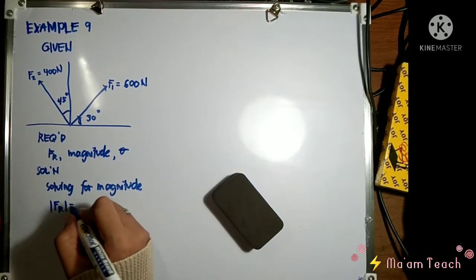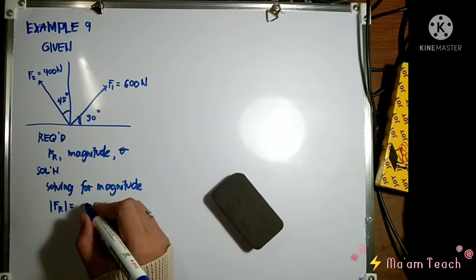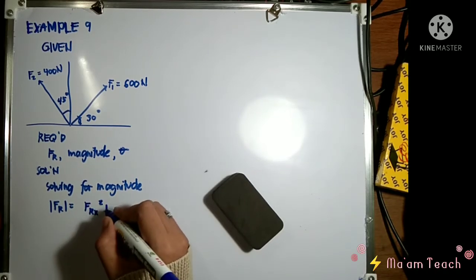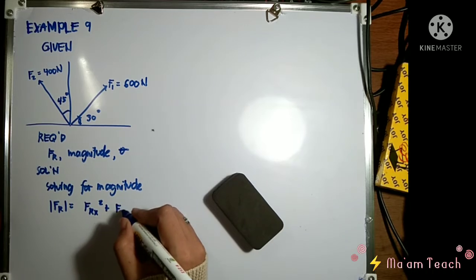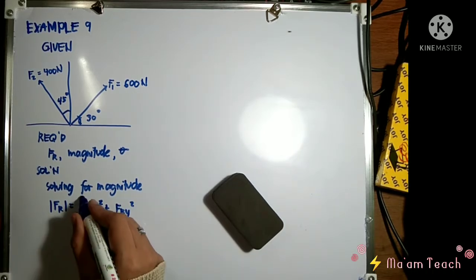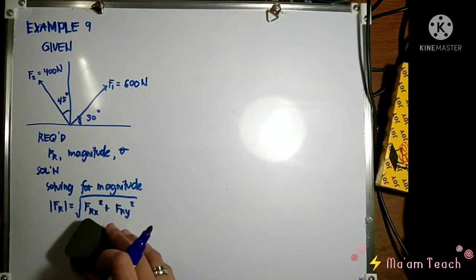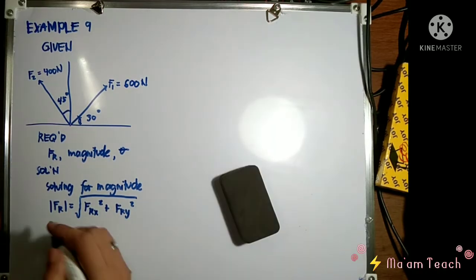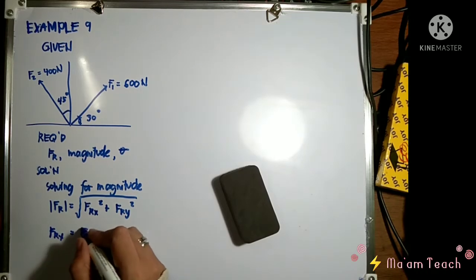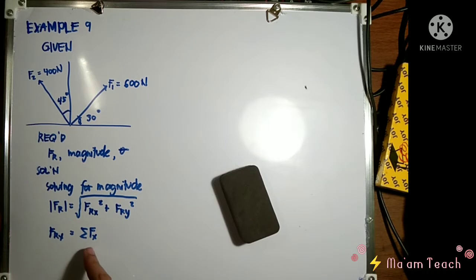determine first the x components, or it is simply the square root of the sum of the squares of each of the components. Or simply this is your summation. So FRx is simply solved by summating your x components.